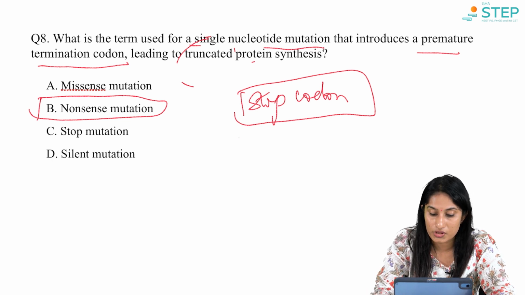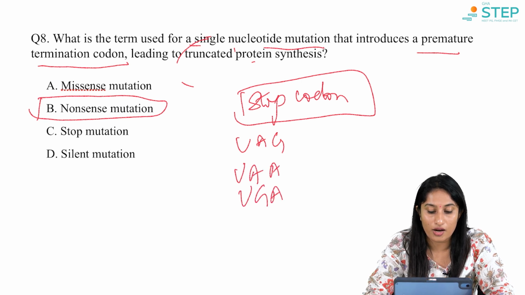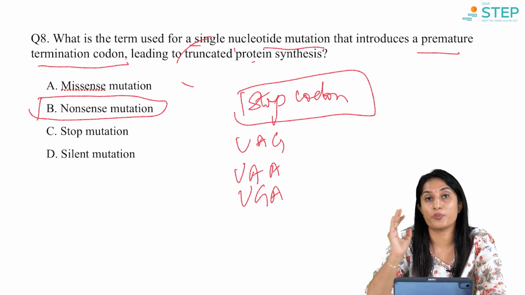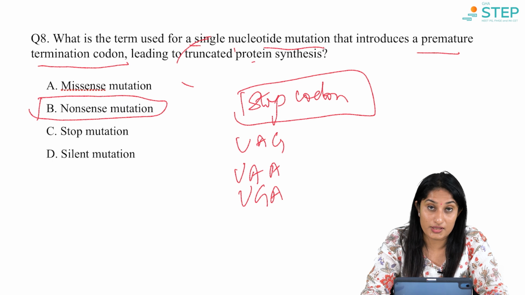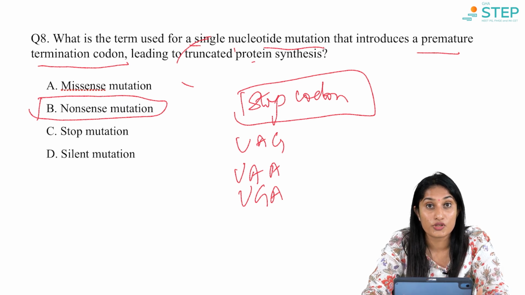Name the stop codons. We have three: UAG, UAA, UGA. You are gone, you go away. That means the translational process has to be stopped over here.